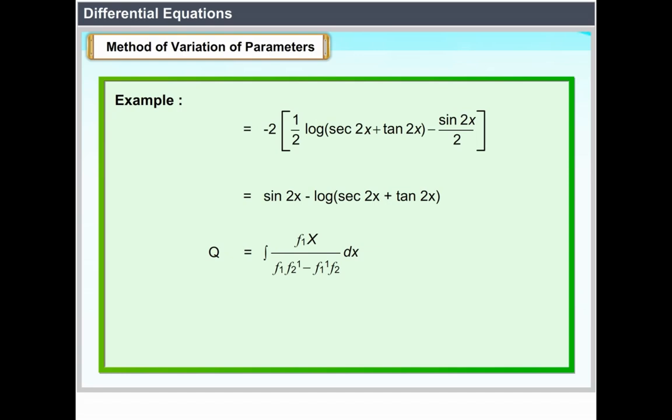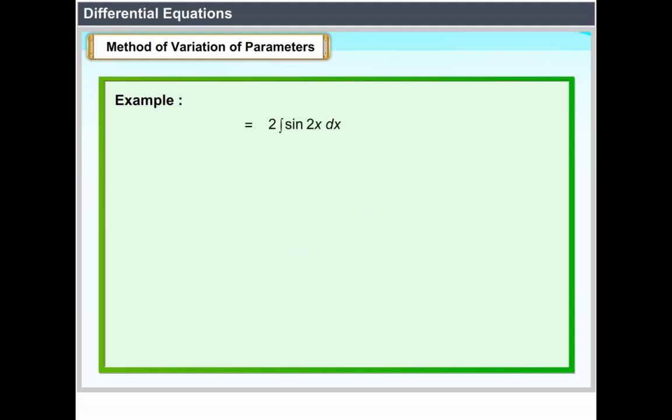Q = ∫ f1 X/(f1 f2' − f1' f2) dx = ∫ cos 2x · 4 tan 2x/2 dx = 2 ∫ sin 2x dx = −2 · cos 2x/2 = −cos 2x.